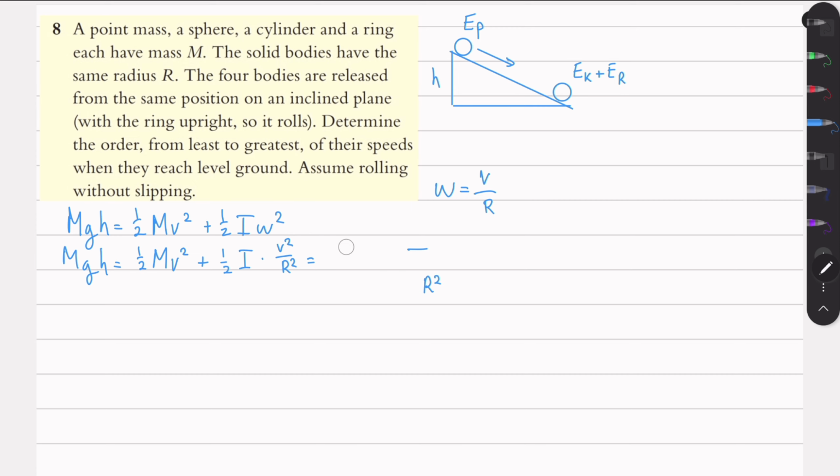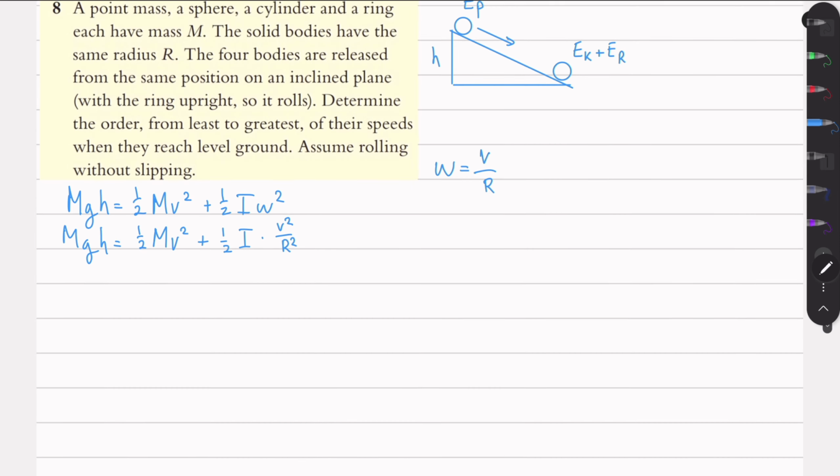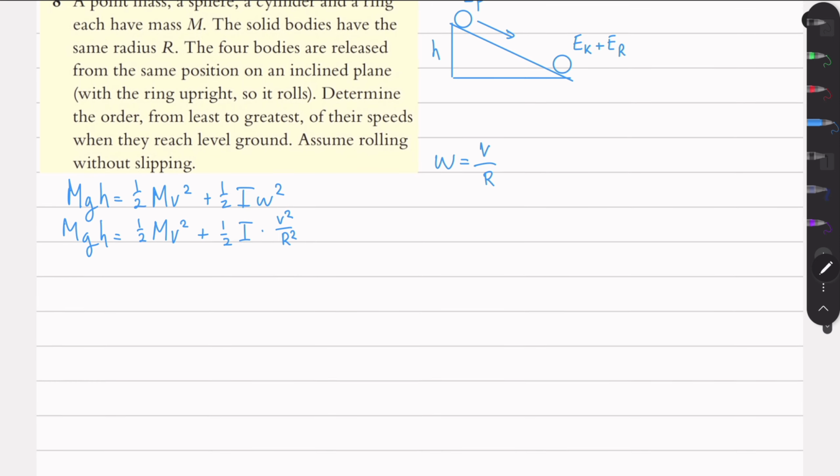What we can also do is divide down by an m to make it a little bit simpler, and we can also multiply over with these 1/2s, so that would be a little bit better. So if we multiply with these 1/2s, we have a 2gh, and we divide it down by an m everywhere. So now if we factor out this v squared, we will have a 1 plus I over mr squared, because we divided by m on both sides.